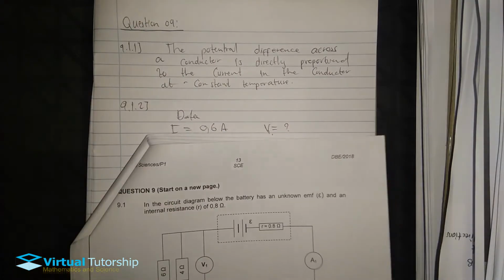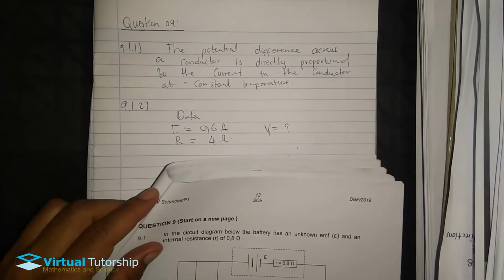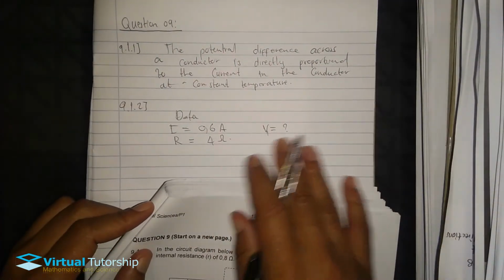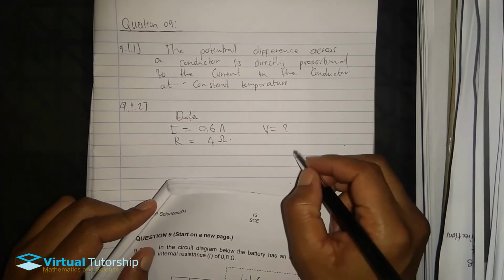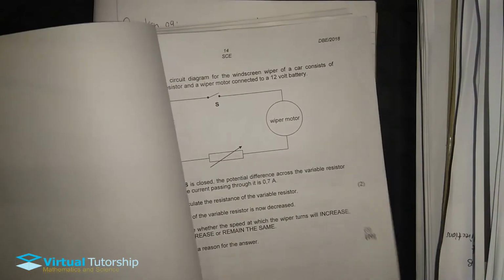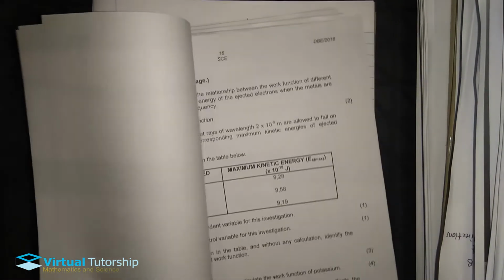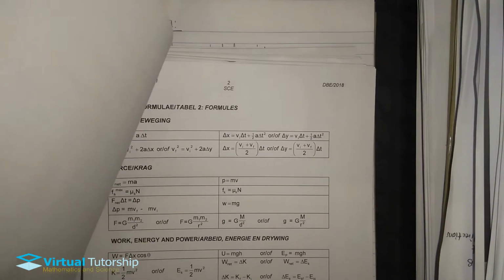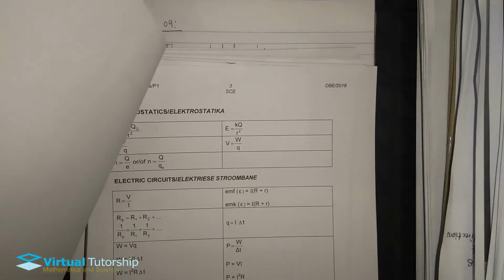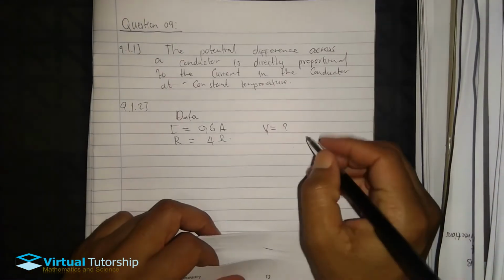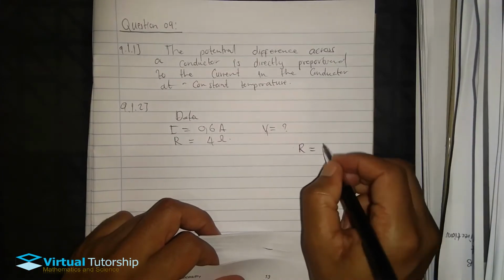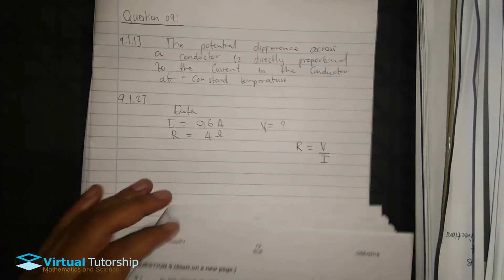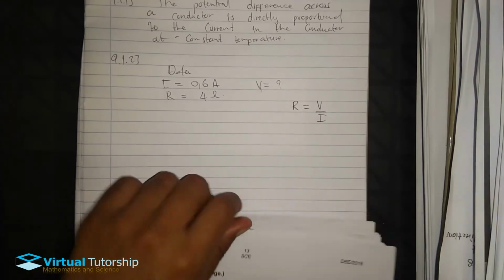And then Ohm's law tini, the potential difference across is directly proportional to the current. In fact, let me get the formula, the actual one. Electricity. So resistance is equal to V over I.